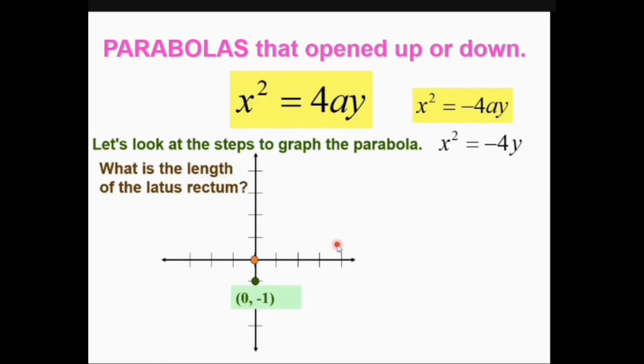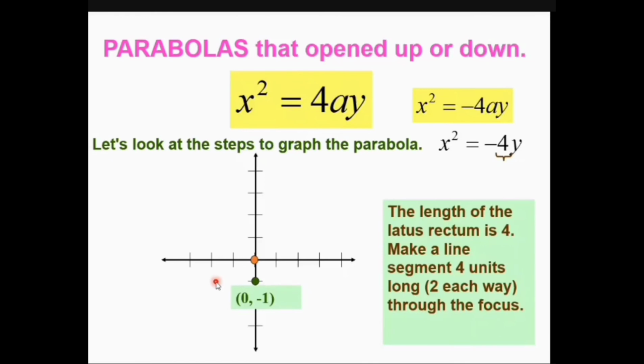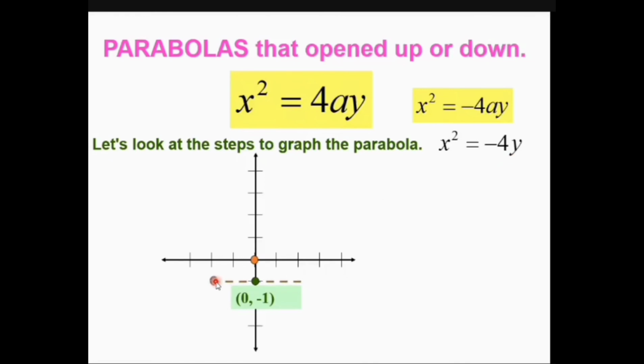Okay, so what is the length of the latus rectum? The latus rectum is 4a. So ano ba yung value ng 4a? That is negative 4a. That is negative 4. So meaning that is 4 units. So from here, we will count 2 units to the right and 2 units to the left. Okay? Ayan po. Bakit po? Yung latus rectum natin, the length of the latus rectum is actually 4a.